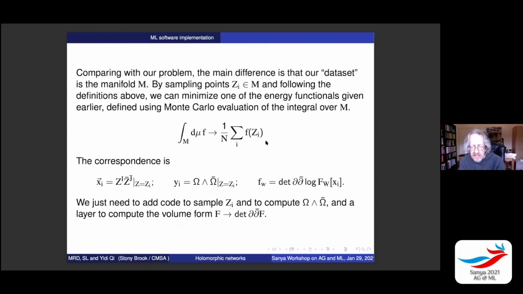Well, we can reduce the problem to interpolation through points by sampling points in the manifold. And in fact, that was what almost all of the previous works did, because that's by far the easiest way to treat a manifold defined by a system of equations. And then we posed the Ricci-flatness problem as the equality of the squared holomorphic volume form with the standard Kähler volume form.